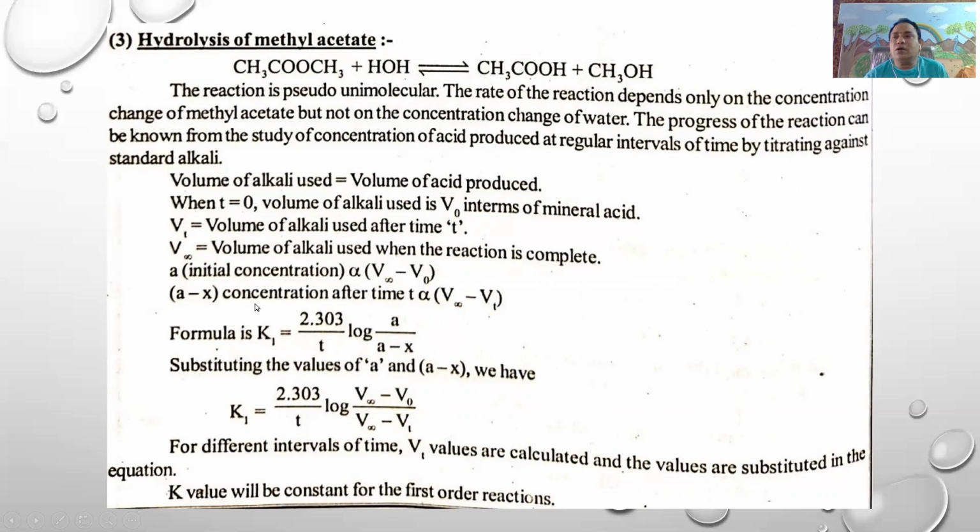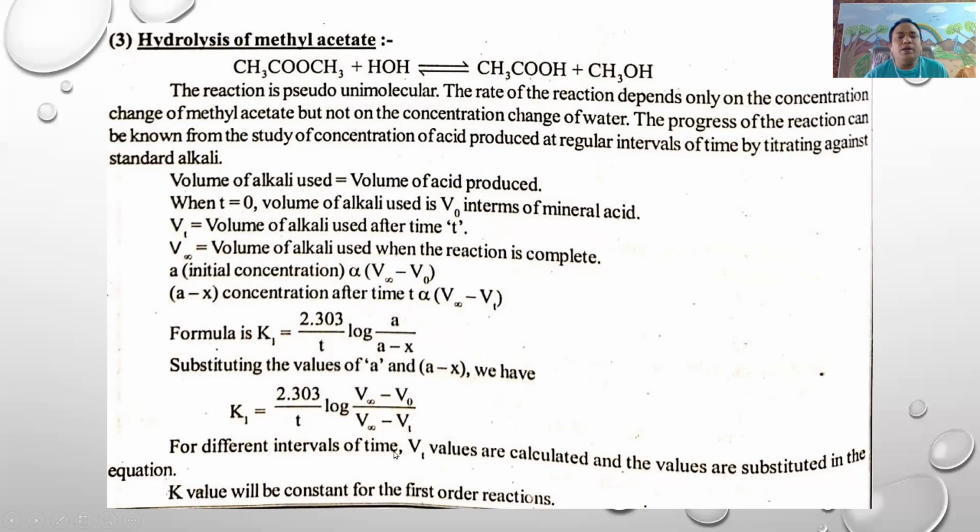A minus x is the concentration after t time, which is directly proportional to V infinity minus Vt. Here the first order rate constant equation, K1 equals 2.303 by t log A by A minus x. Substituting the values of A and A minus x from the above values, K1 equals 2.303 by t log (V infinity minus V0) by (V infinity minus Vt).